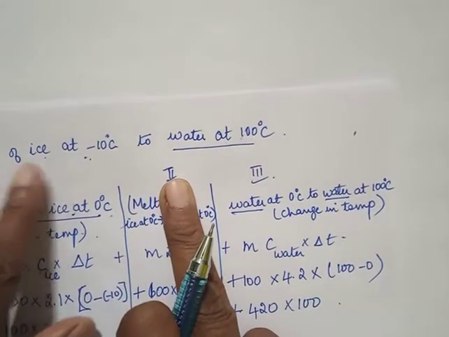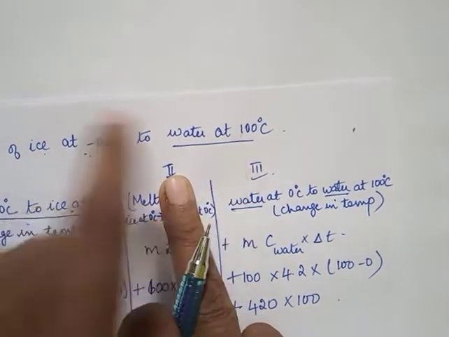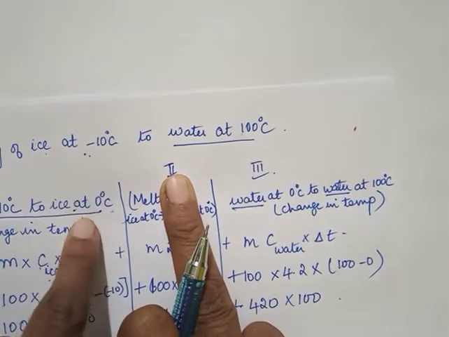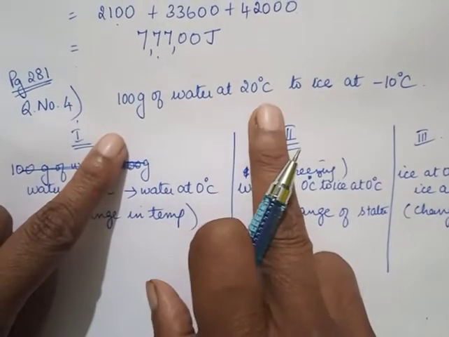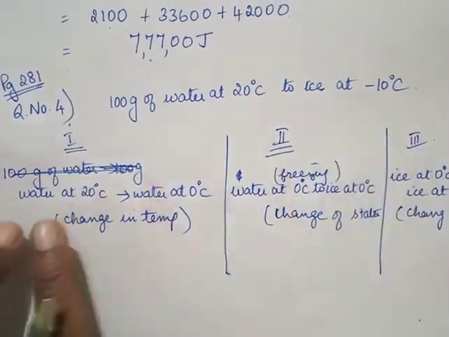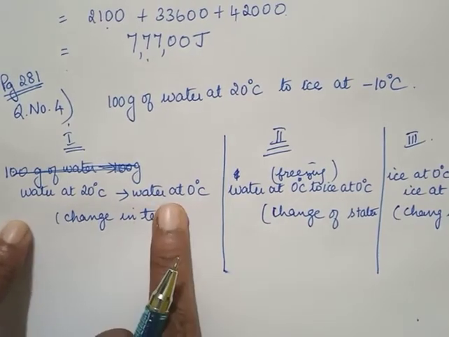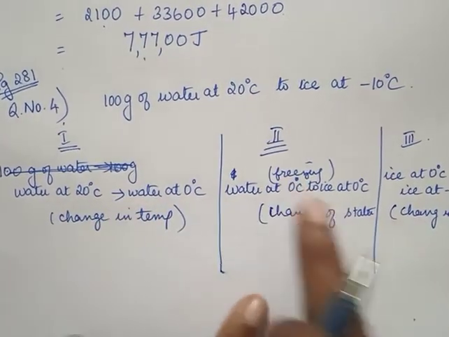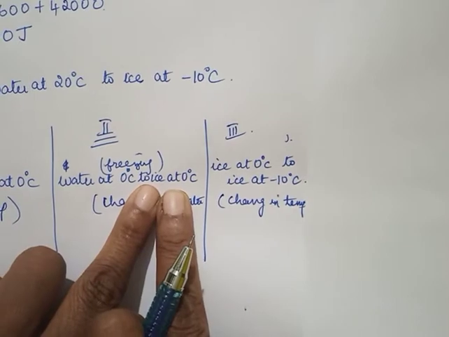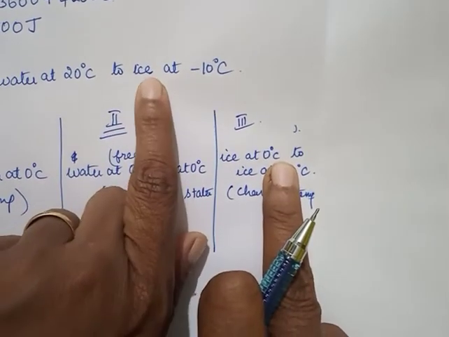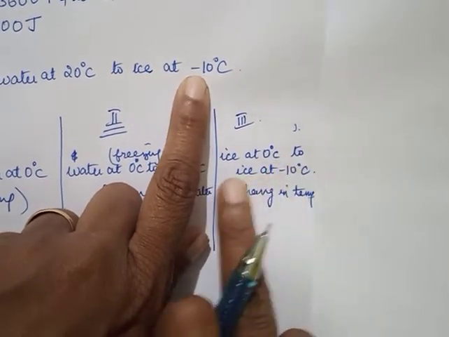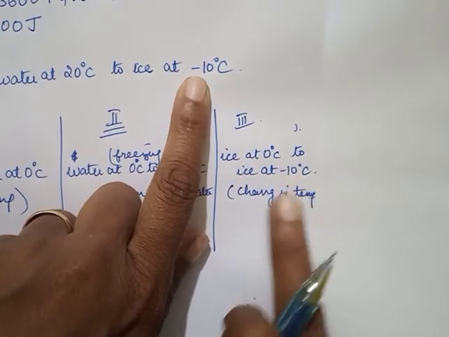Earlier, 100 gram of ice at -10 had to become ice at 0, then melting, then water. Whereas here you have water at 20 to change to ice at -10. So water at 20 goes to water at 0, then it has to freeze, and you would have ice at 0. But they want ice at -10 degrees Celsius, so it has to change to ice at -10 degrees Celsius. Again there will be a change in temperature.